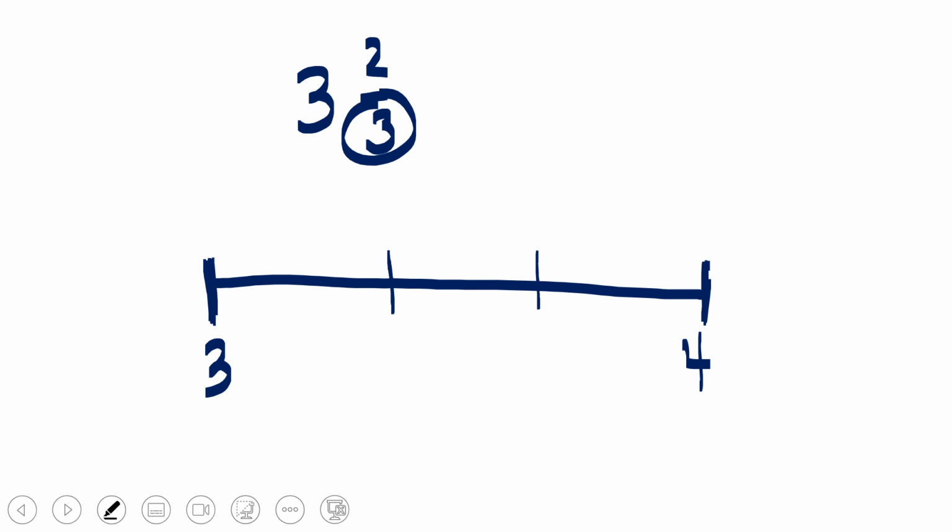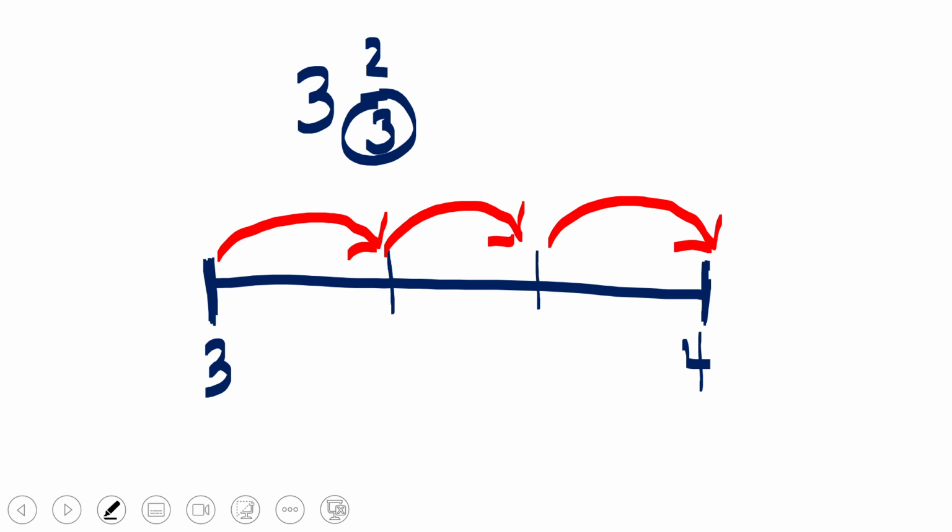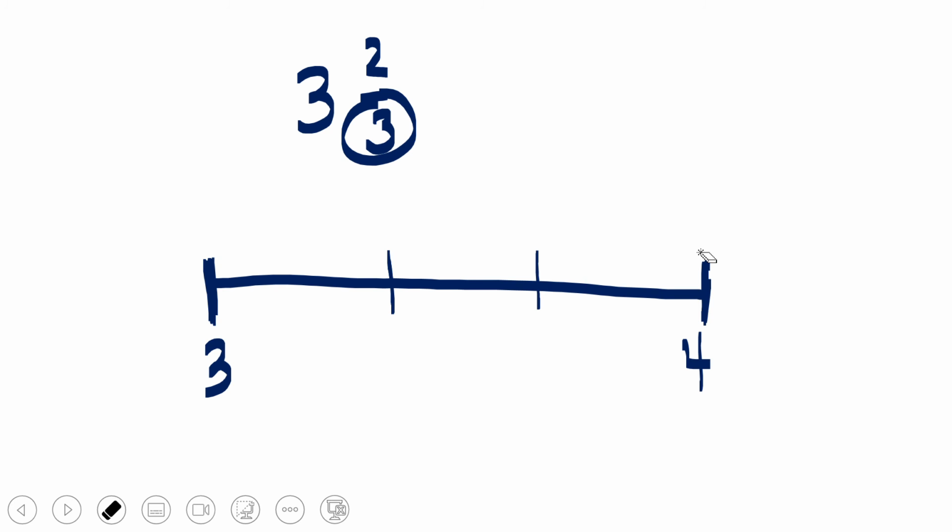We have 3 on its way to 4 with 3 equal parts. We want 2 of the 3 parts to be marked on the number line.